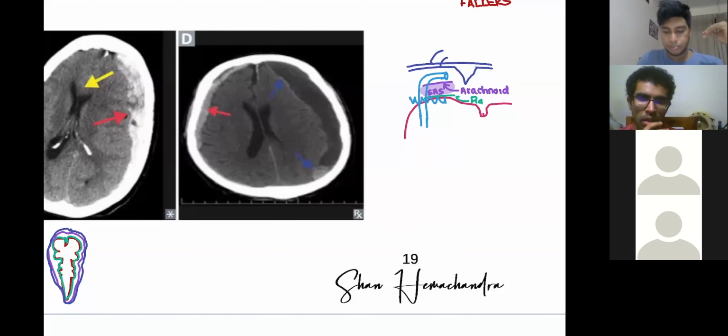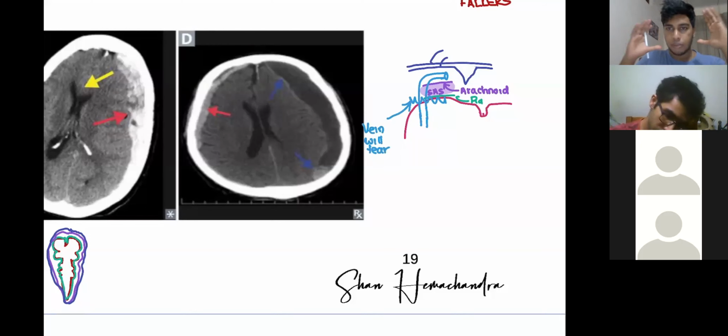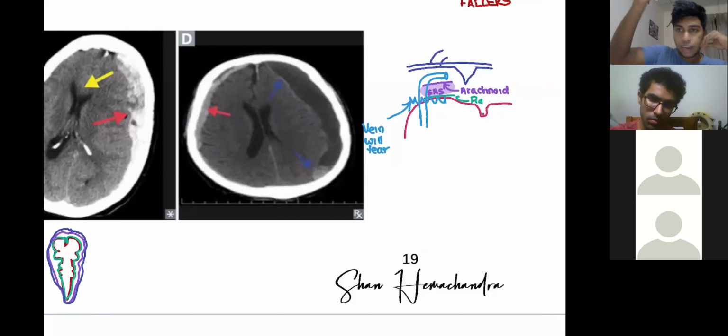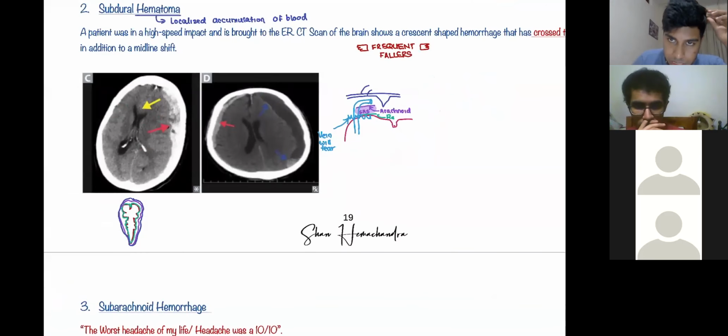This will tear. The vein will tear. I hope you guys understand. Our brain, spinal cord, everything is floating around. But the veins that must pierce through can't float around like that. They have to be firm, stuck to the dura mater. So in a rapid deceleration injury, this can tear.